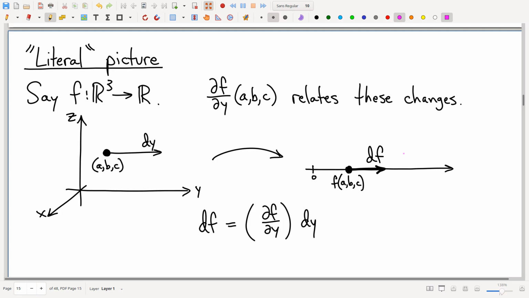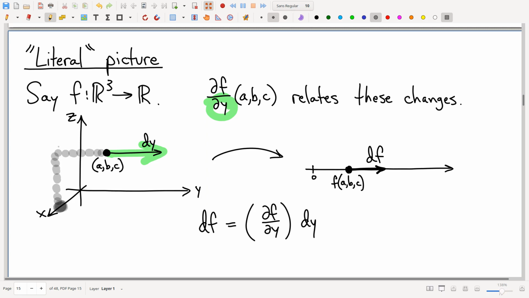And keep in mind, the big idea of a partial derivative is that y is the only variable that's allowed to change. So if I'm talking about the partial with respect to y, I'm talking about moving exactly in the y direction. Notice that as I move exactly in the y direction, x doesn't change at all.